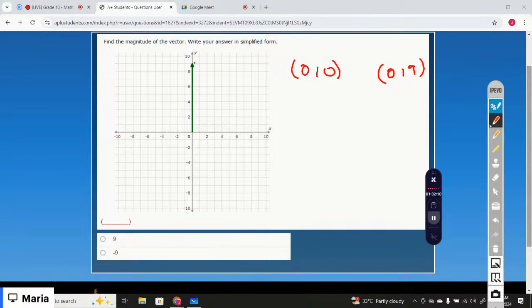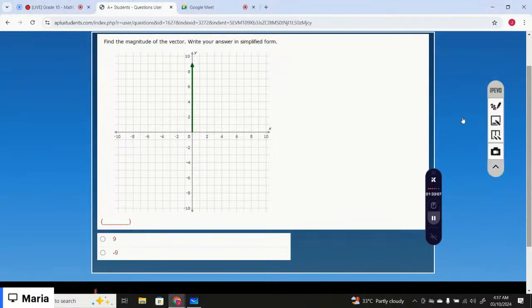So then that means the magnitude of the vector is 9. The magnitude of this vector is 9.